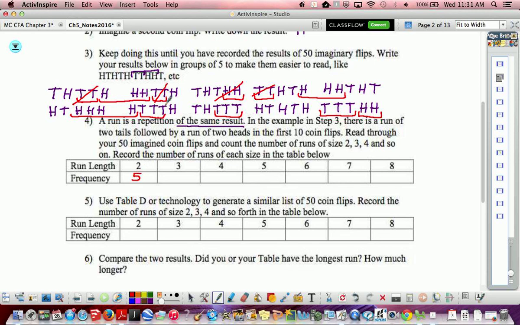I had a run of 3, that's 2, 3, 4, 5. Oops, I missed a run right here, so I actually had 6 runs of 2. And I had 1 run of 4, but I have no runs of 5, 6, 7, and 8.